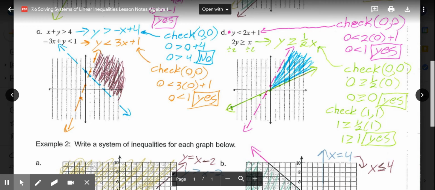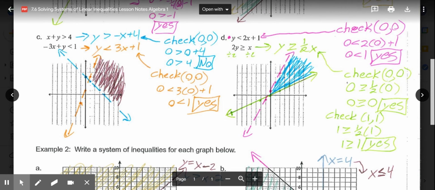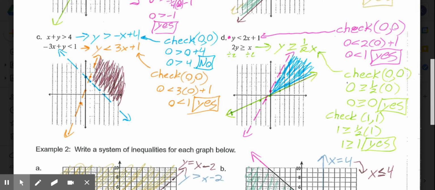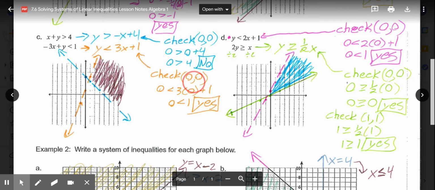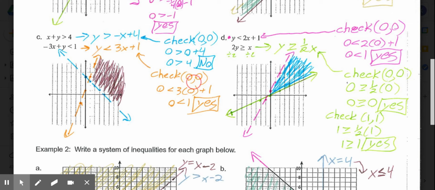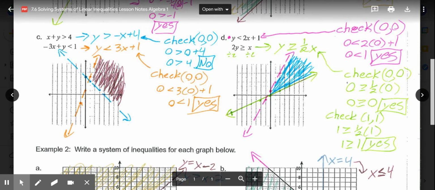Now we need to figure out the shading. Neither one of my lines goes through the point 0, 0, so I'm going to check 0, 0 with both. So in this case, on the top equation, is 0 greater than 0 plus 4? 0 is not greater than 4, so we would be shading away from 0, 0, which would be above this blue line.